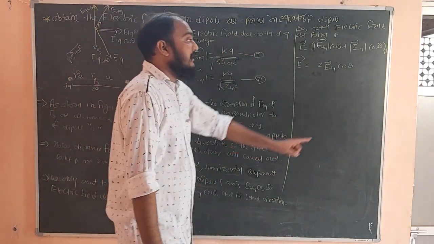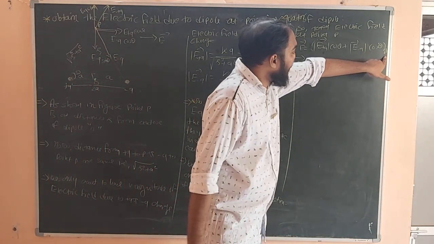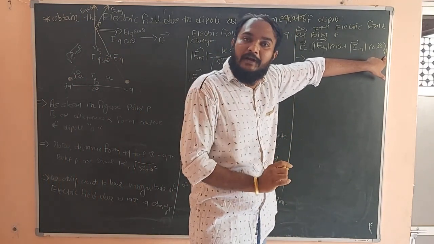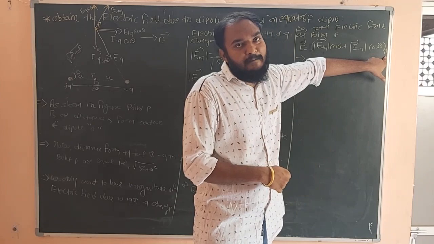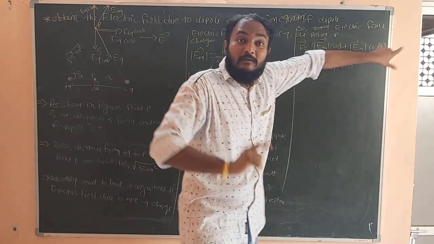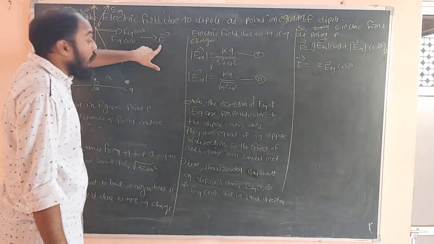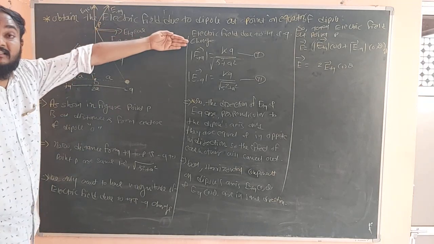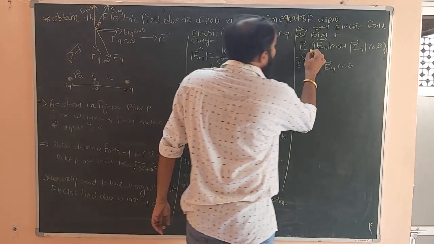But see here, we have taken P caret. What is P caret? The unit vector of the dipole moment. And what is the direction of the dipole moment? Negative to positive. But what is the direction of E? Positive to negative. It is in this direction. So they are opposite of each other.